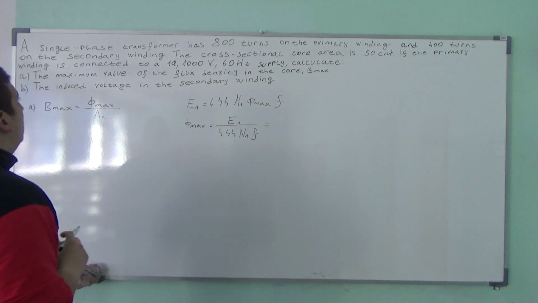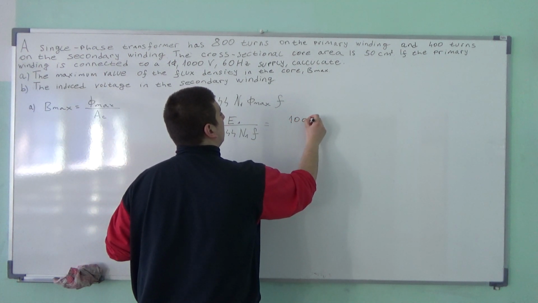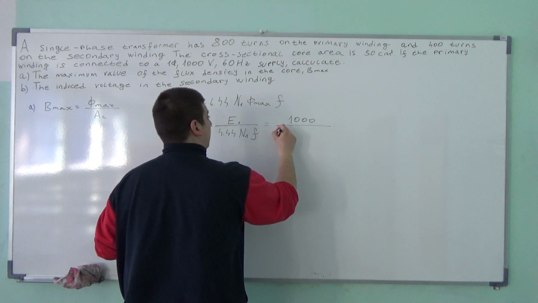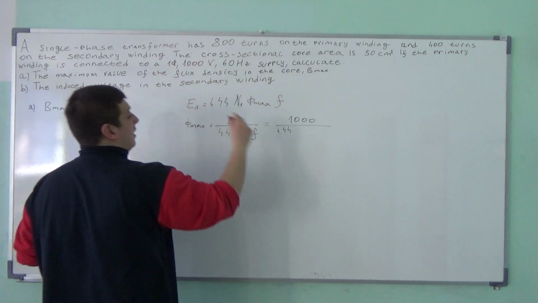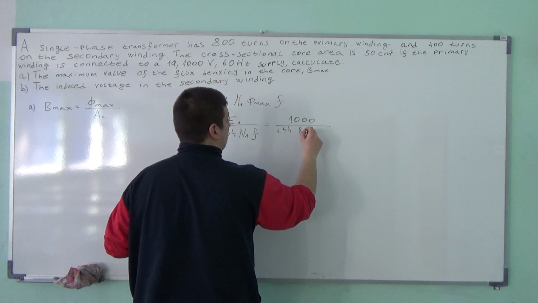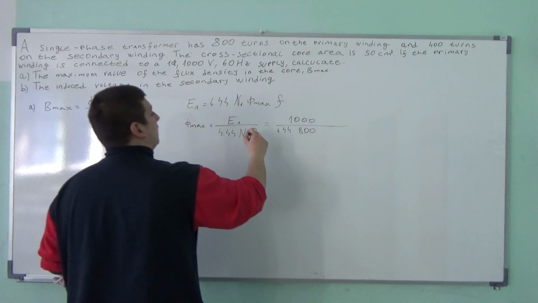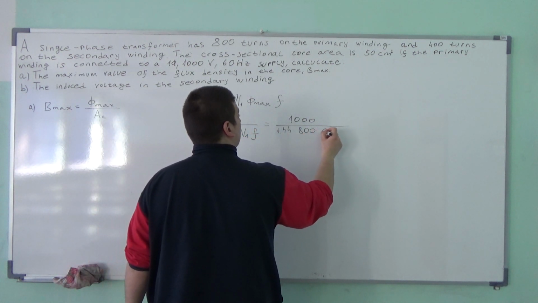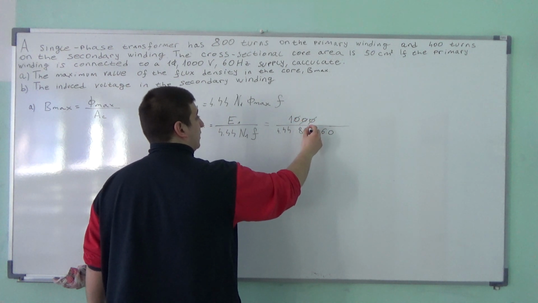That is equal to 1000 divided by 4.44 times the number of turns, 800 on the primary side, times 60. I can remove these zeros like this.